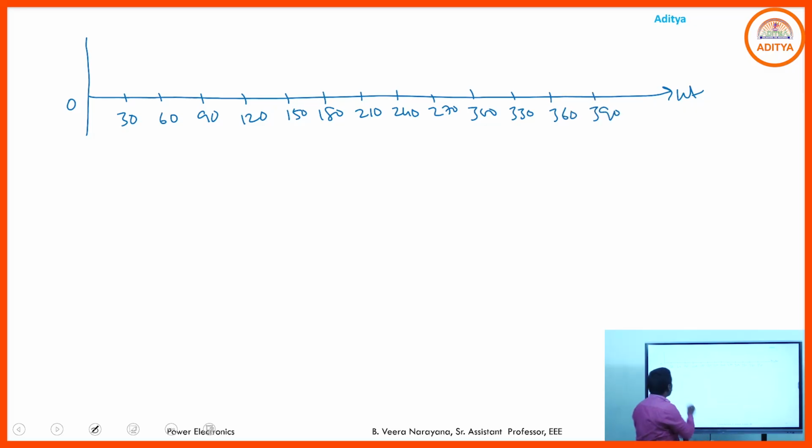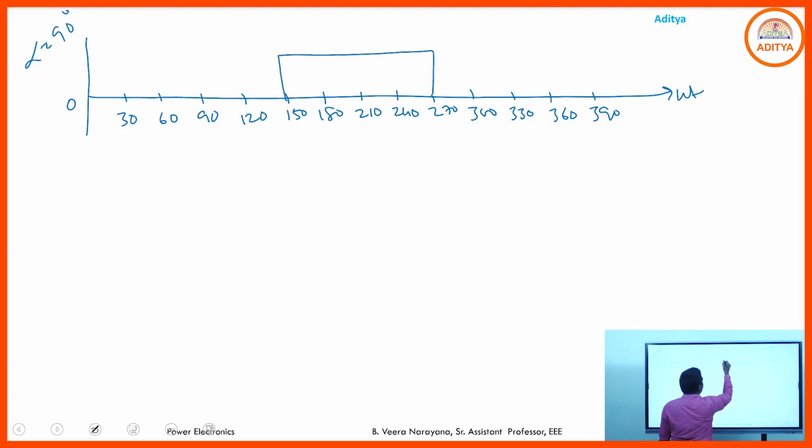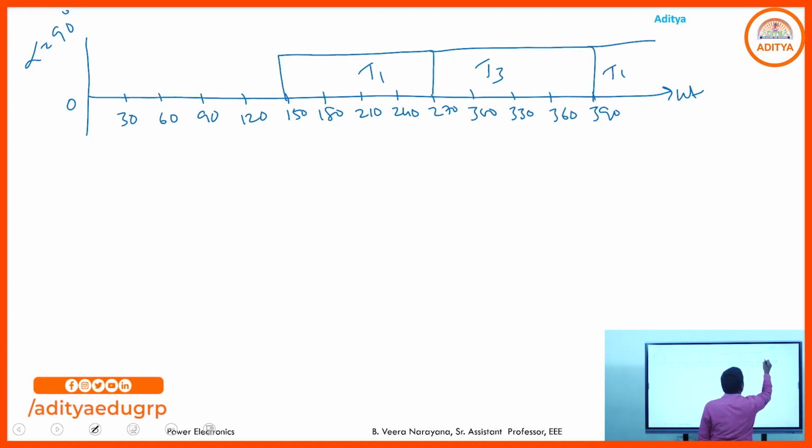So if you choose alpha is equal to 90 degrees, then where does T1 come to the on state? Plus 60 degrees, so from 150 onwards, T1 comes to the on state from 150 to 270. Each SCR conducts for 120 degrees. After 270, T3 will come into the picture up to 390. After that, T5.